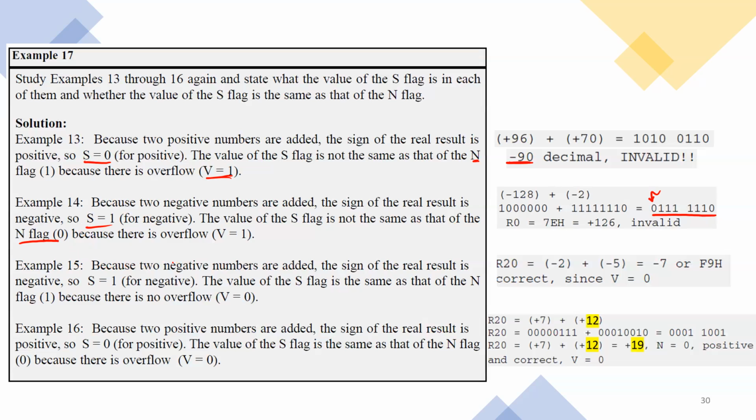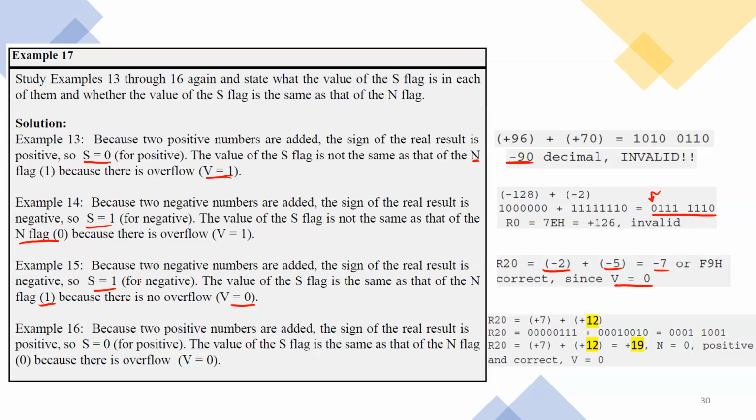In example 15, guys, we had this operation. Minus 2 plus minus 5 is minus 7, which is F9 in hexadecimal, and this answer was correct. But the overflow was 0, and the N flag was active high. So in this case, N was active high, V was 0, and S was active low.